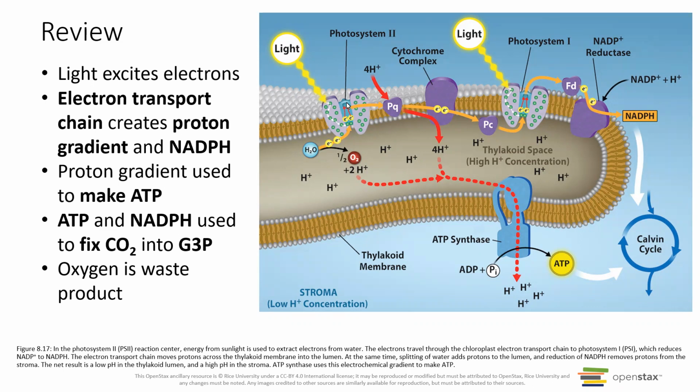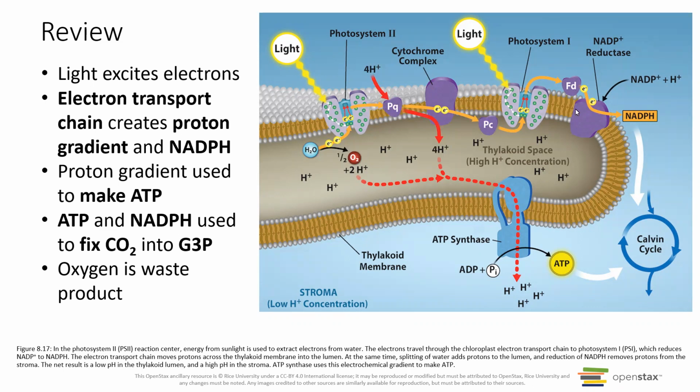The electron acceptor, PQ, passes the electrons to the cytochrome complex, which passes the electrons to PC, which passes the electron to photosystem 1. In the meantime, PQ uses the energy from the electrons to pass hydrogen ions across the membrane so that we create a hydrogen concentration gradient.